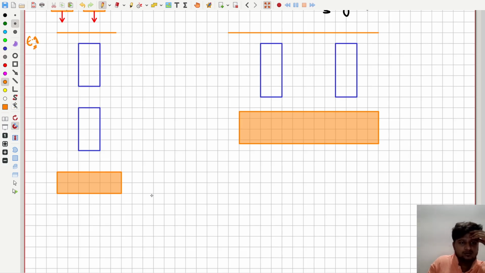How many springs are connected? Two springs we are connecting to these masses, two spring balances are there. In one case it is connected in series, in another case it is connected in parallel. There is a reason why I have taken this example.